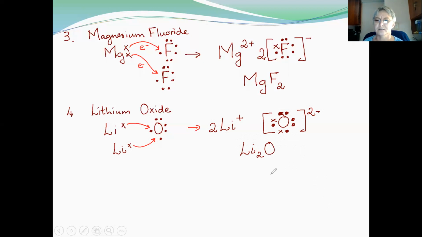Let's turn the heat up a bit. Example number 5. Let's see what aluminium sulfide will look like. Aluminium, an element in group 13, has 3 valence electrons.